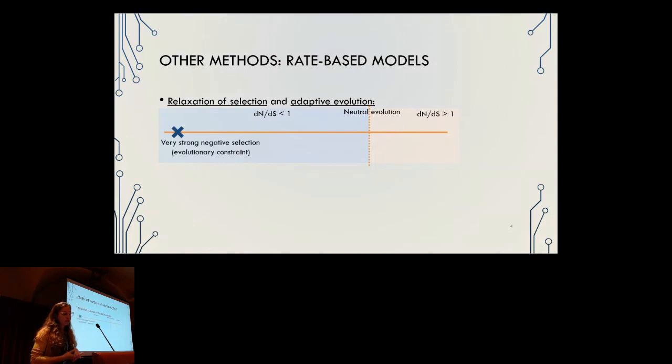If we start out with a gene that is under very strong negative selection, this gene is under evolutionary constraint. It's highly conserved. If over time the selective pressures on this gene change, so now that gene is under weaker negative selection, it's still under purifying selection, but it's not as strong as it was before. This shift signifies relaxation of selection. That is different than if that gene would suddenly become adaptively evolving, because then the gene would be under positive selection.